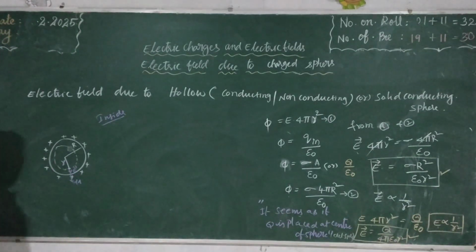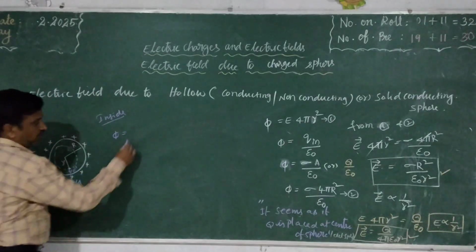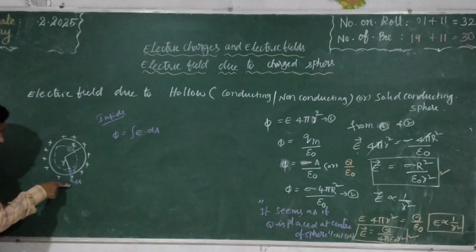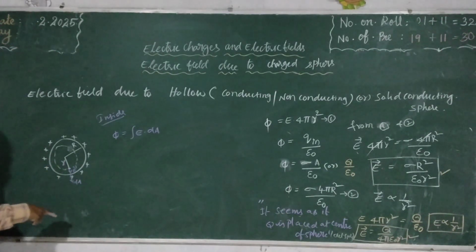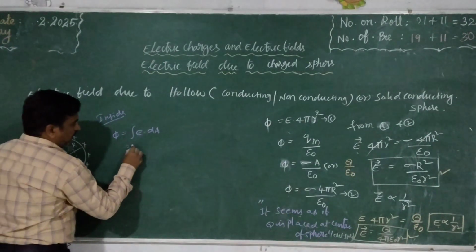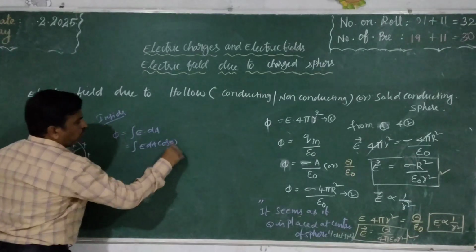We can write the flux through this Gaussian surface: phi equals integral E dot dA. Here the electric field vector and the area vector are in the same direction, parallel to each other. That's why theta equals 0. We can write integral E dA cos 0. Cos 0 means 1.